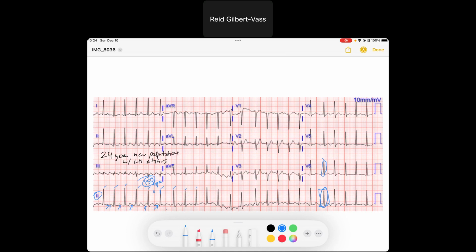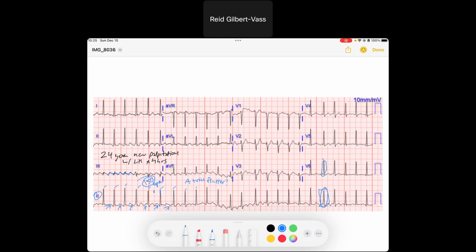We're looking at lead 2, and if you notice, you can see a little bit of this sawtooth pattern. So we think, maybe is this atrial flutter? It appears to be kind of somewhat fluttery.